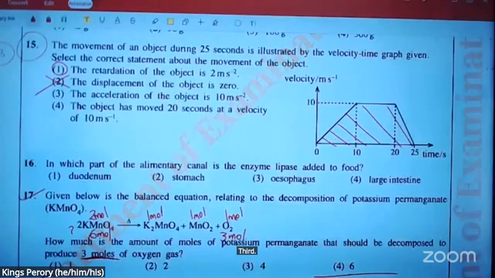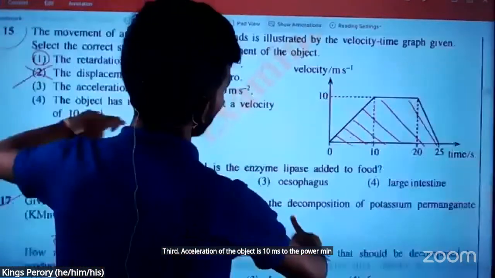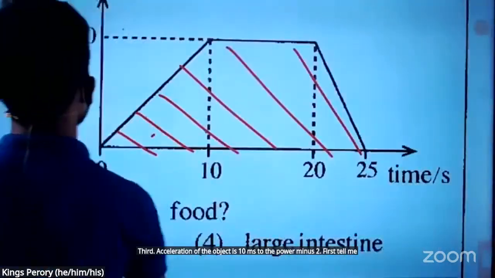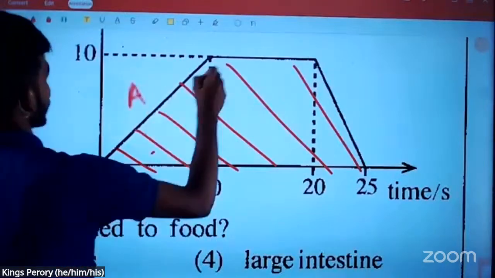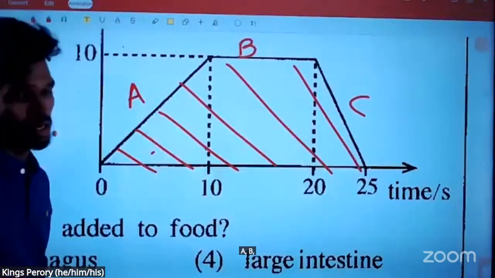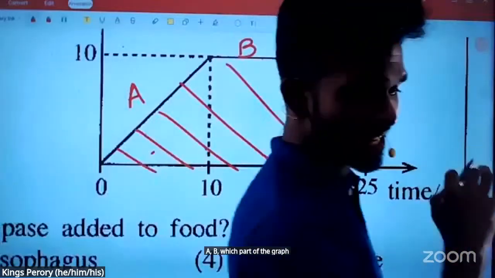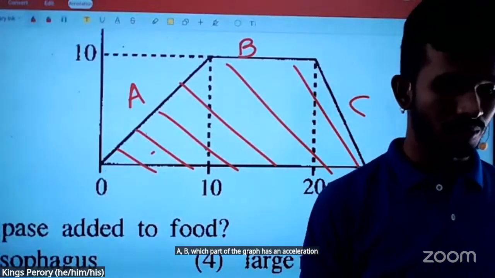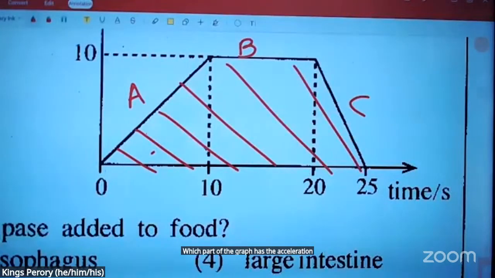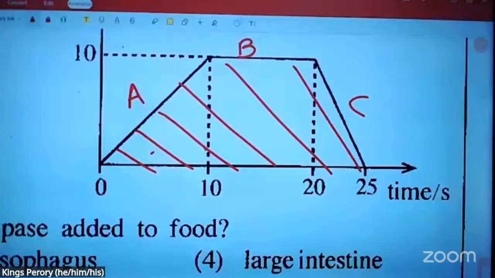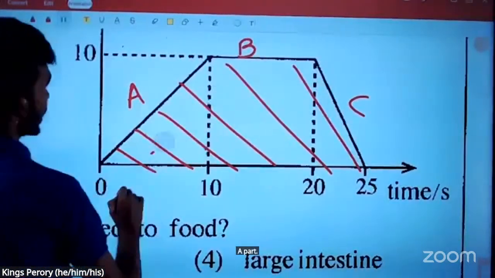Third, acceleration of the object is 10 m s to the power minus 2. In this graph, I'll break the graph into 3 parts: A, B, C. Which part of the graph has an acceleration? Only the A part has acceleration.